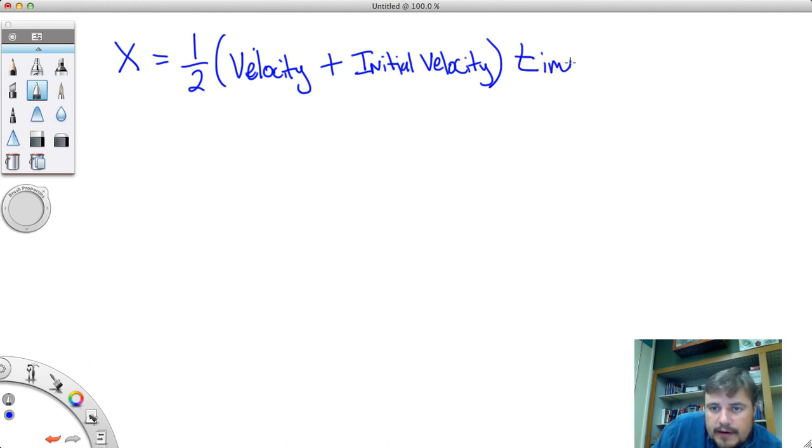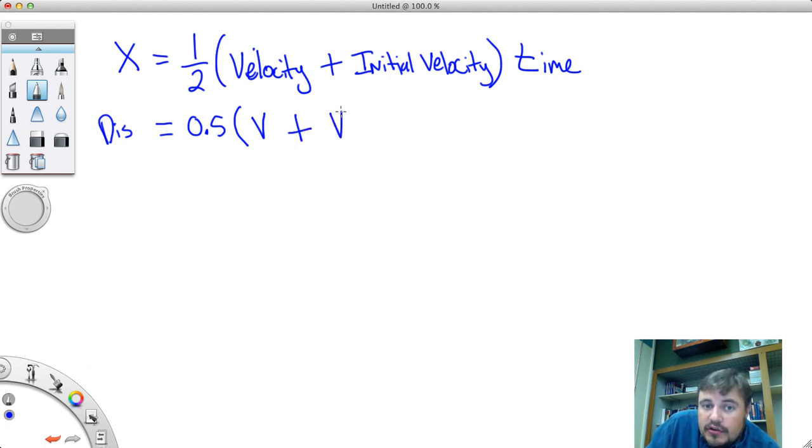So we'll rewrite this here. I'll put time here, and we'll go displacement, which is x, is 0.5, and I'm switching to using a decimal here because I prefer decimals over fractions, but 1/2 and 0.5 are the same number. Okay, times velocity plus the initial velocity, which we'll do as v sub 0, times time.